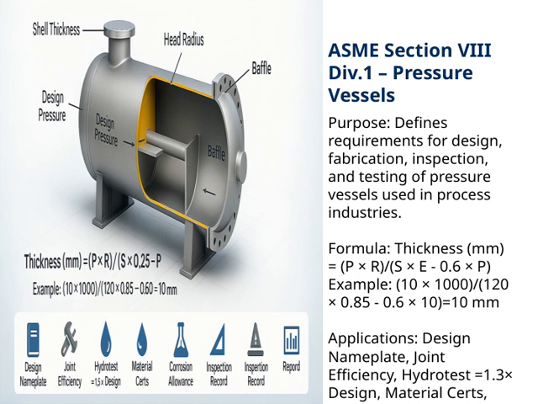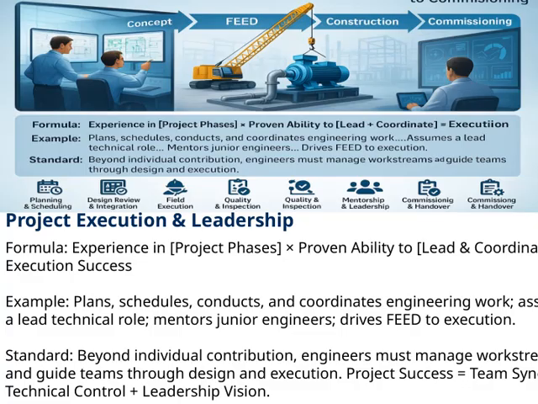All these components are interconnected, forming a comprehensive approach to safety and compliance in pressure vessel design and operation. Remember, understanding these requirements is crucial for ensuring that the vessels we work with are both safe and efficient throughout their service life. Let's talk about project execution and leadership.